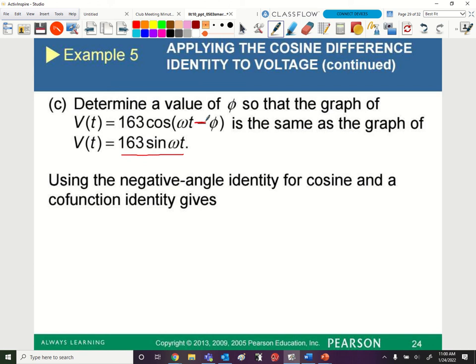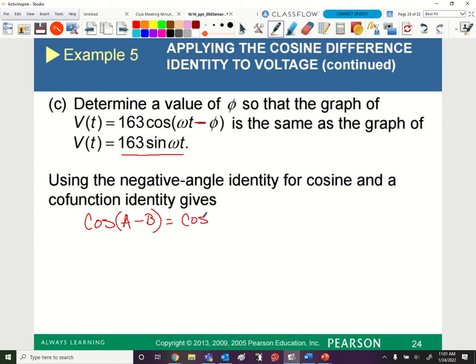So I know this is a minus, so it's going to be cosine of a plus b. No, I'm sorry, cosine of a minus b. Sorry. I even said that, but still, minus b.